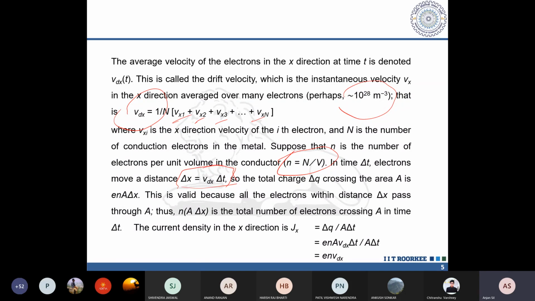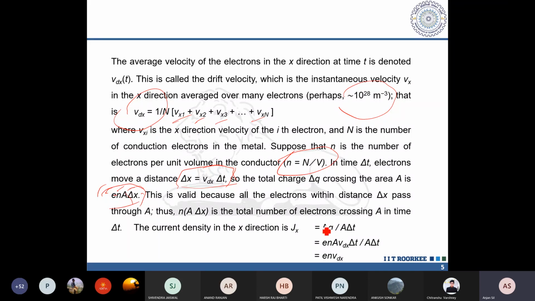Once you know delta x, you can also know the volume. So delta x into A is the volume, e is the electronic charge, and n is the number per unit volume. So the number of electrons is n into this, and therefore the total charge will be e n A delta x.